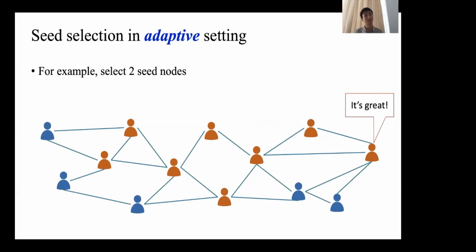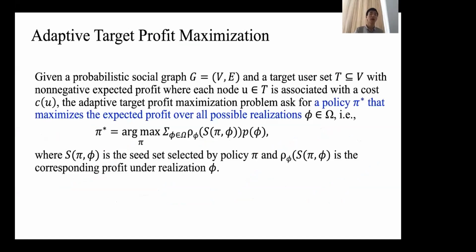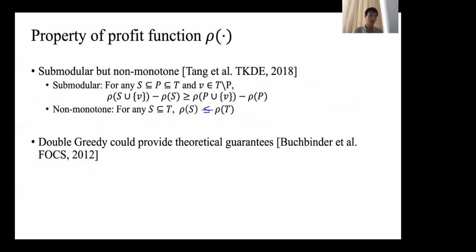algorithm, right? So in this work, we look at the adaptive target profit maximization. That is, we attempt to find an adaptive policy pi to maximize the expected profit over all possible realizations. We note that the profit function is submodular but no longer monotone.